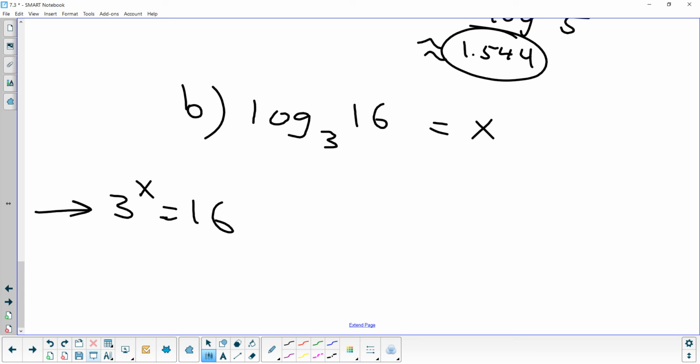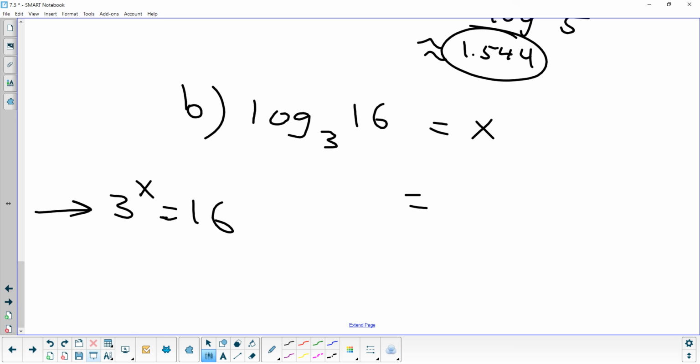You are really solving this equation: what power would you raise 3 to get 16? And that wouldn't be easy to do by hand. If you try 3 to the second power, that's 9, too small. 3 to the third power, 27, too big. So the answer here is somewhere between 2 and 3. What's the exact answer? Well, let's see.